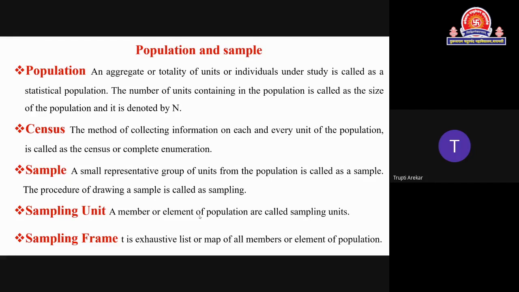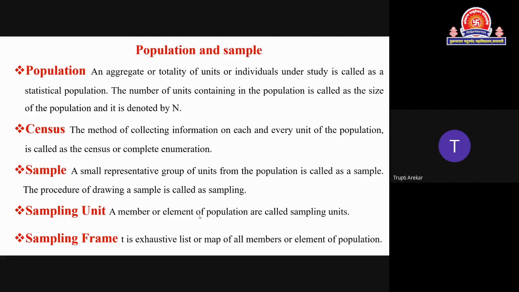Moving towards population and sample, we have heard the word population many times, usually the human population. Now, in the technical language of statistics, the word population is used in a wider sense. It does not mean only a human population.